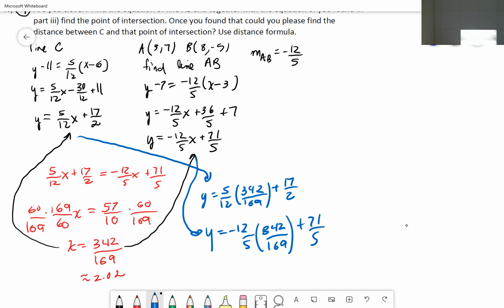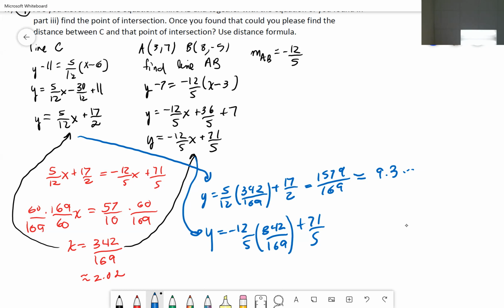So here we go. 5 times 342 divided by parentheses 12 times 169. Then I'm going to add 17 divided by 2. And I get 1,579 over 169, which is approximately 9.3. I could check the other one just to be sure.